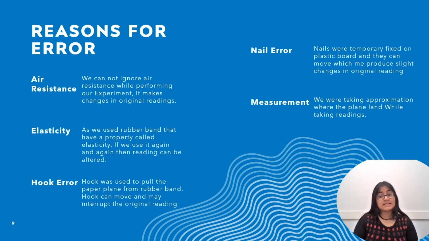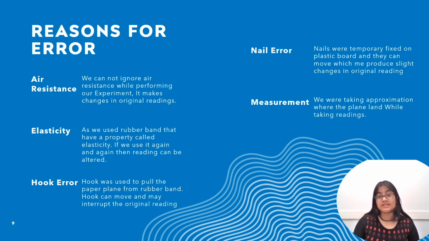The other must step contains mentioning the reasons that can produce errors. As you can see in the line chart, there was a change while recording the experiment. So why did those changes occur? We are performing the experiment the same way, but still there are changes in the readings, and somewhere there is a drastic change. So why did it happen?